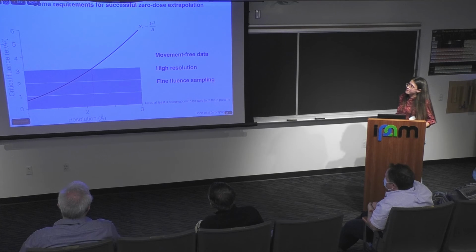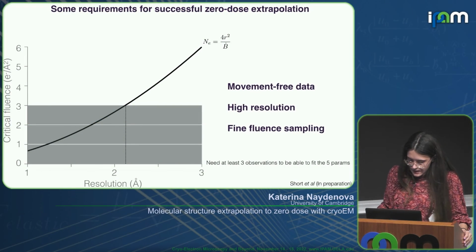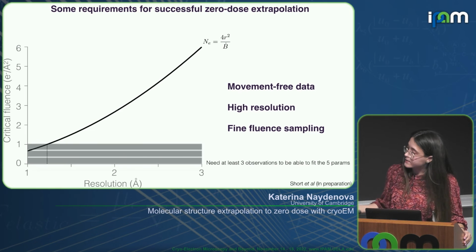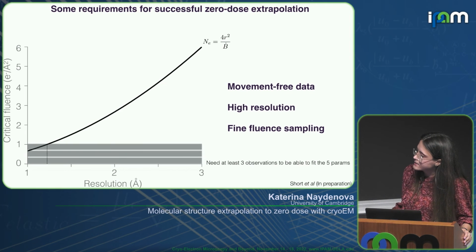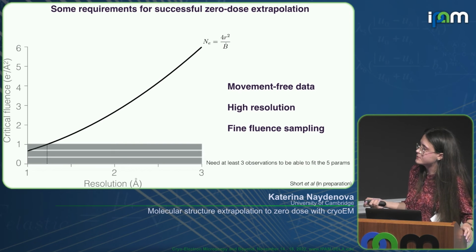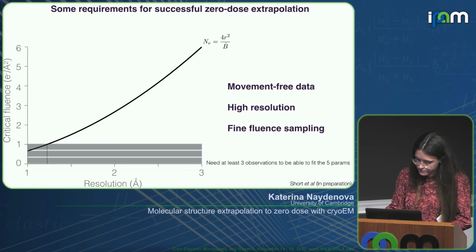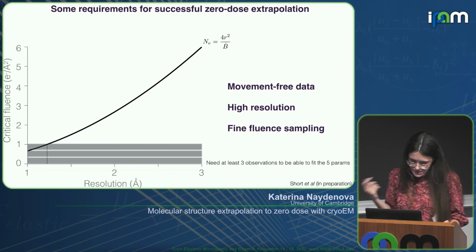That means you have enough observations of the structure factors to be able to do this fitting. If your frames are more coarse, this will not work. And conversely, if your frames are less coarse, this will work better and allow you to do extrapolations even at higher resolution. And overall, here, what I mean by resolution is also the resolution of the individual frames. So this really requires the overall data set to be of really good quality for any of this to make any sense.